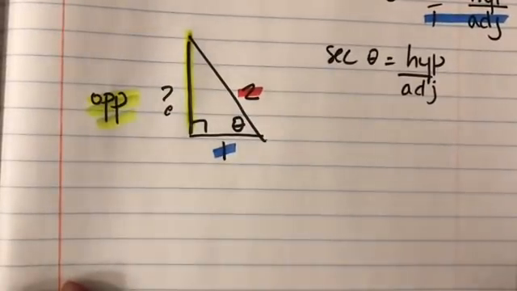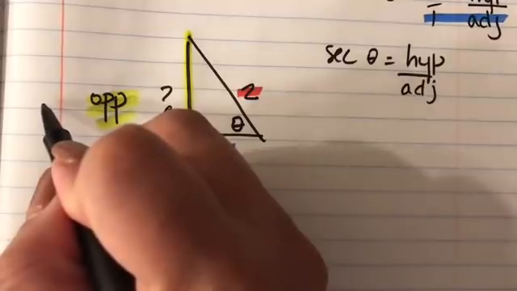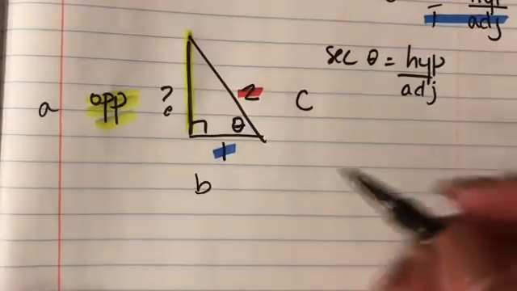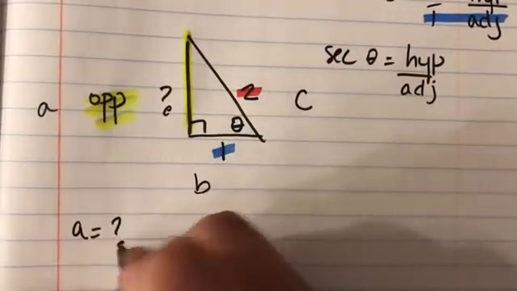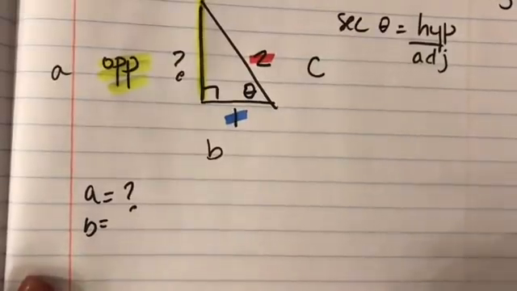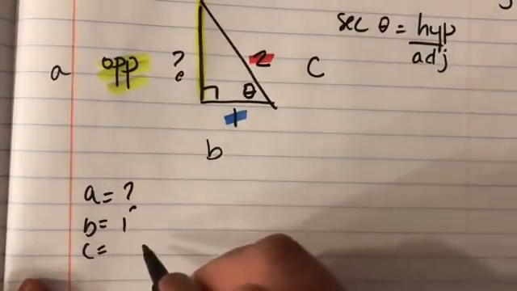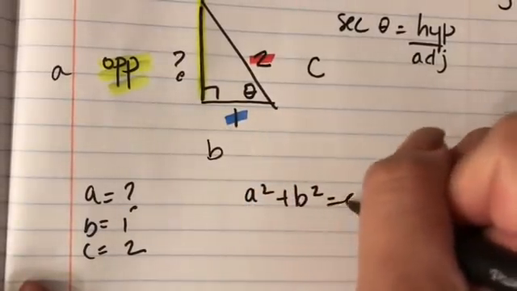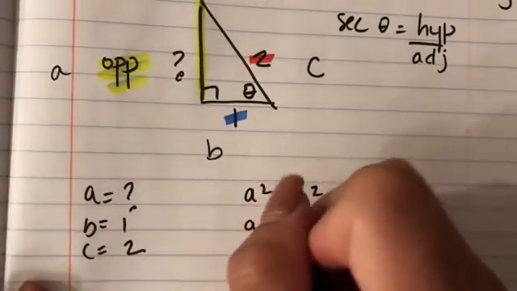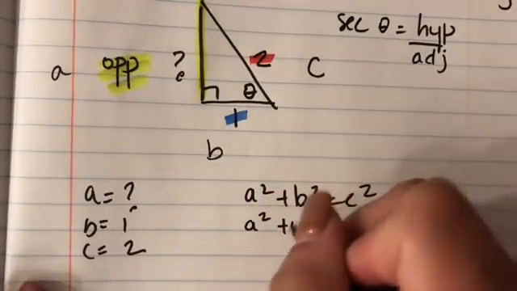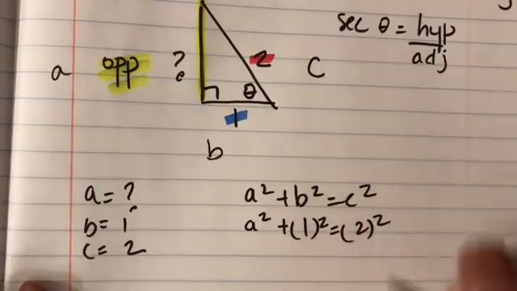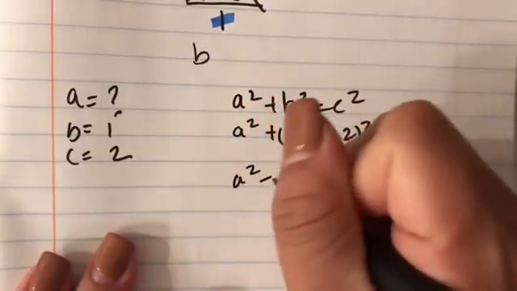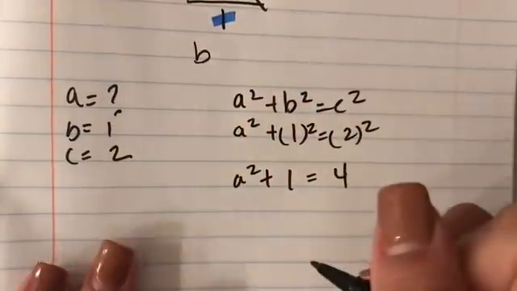It doesn't matter what A or B is, so we say this is A, this is B, and this is C. So A equals some unknown, B equals 1, and C equals 2. Again, we're using A squared plus B squared equals C squared. So A squared we don't know, plus 1 squared equals 2 squared. We're going to say A squared plus 1 equals 4.